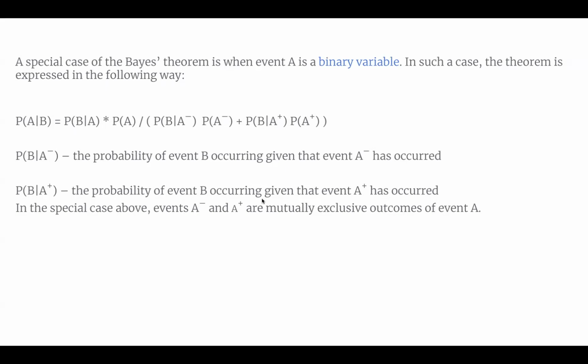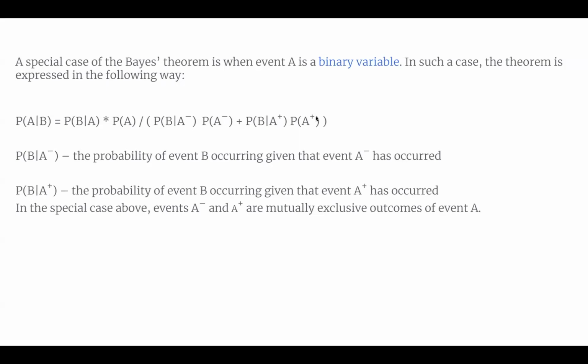In such cases, it is expressed as probability of A given that B has occurred is probability of B given that A has occurred multiplied by probability of A, the whole thing divided by probability of B given that A minus has occurred multiplied by probability of A minus, plus probability of B given A plus has occurred multiplied by probability of A plus.